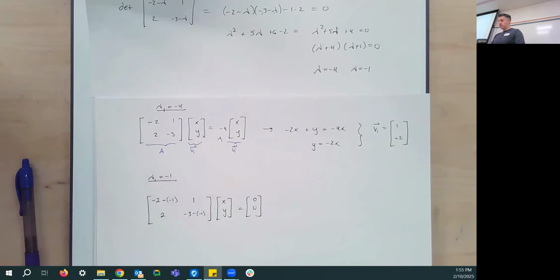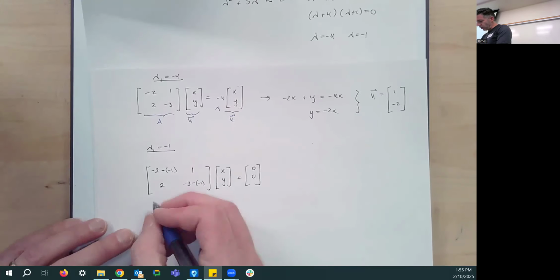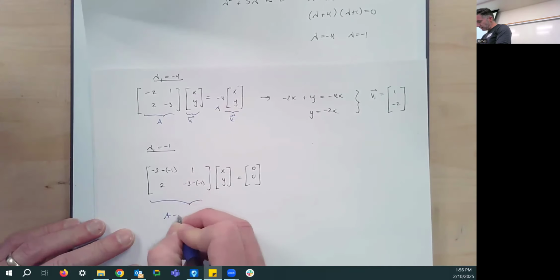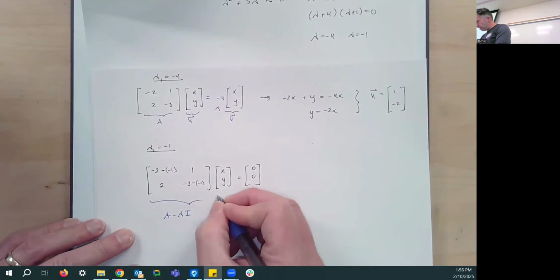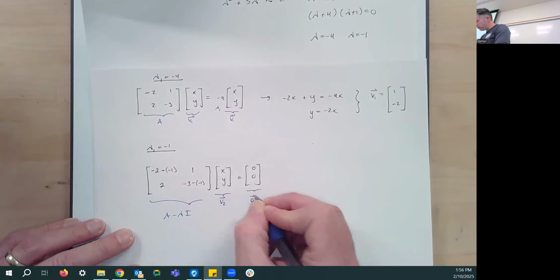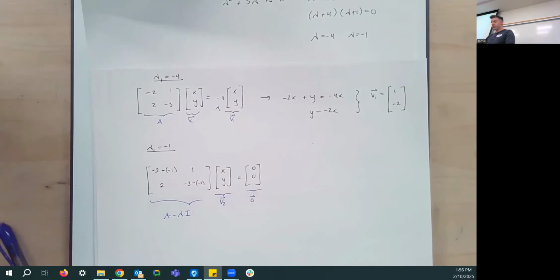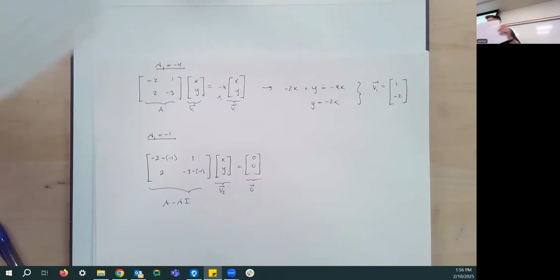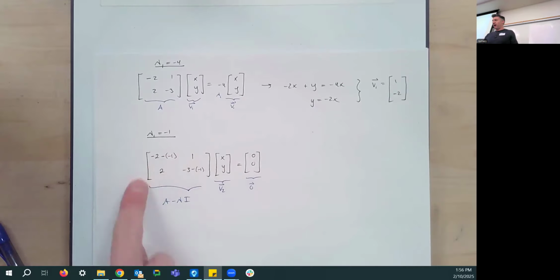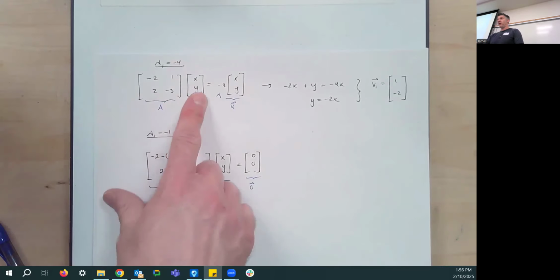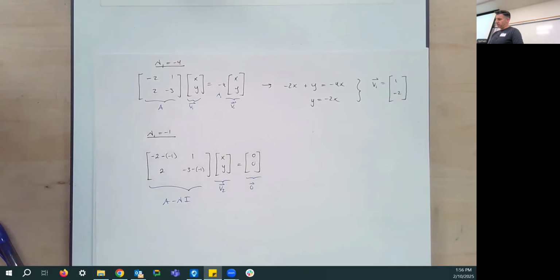This is also an option. It's the option where you're doing A minus lambda I times your eigenvector equal to the 0 vector. Both are an option. For whatever reason, it feels like most instructors prefer this. I couldn't tell you why. I think the other is much nicer as far as telling us what's happening, telling you when you multiply the matrix by a vector, you're just getting a multiple of that vector. I think that's nicer, but it's just me.